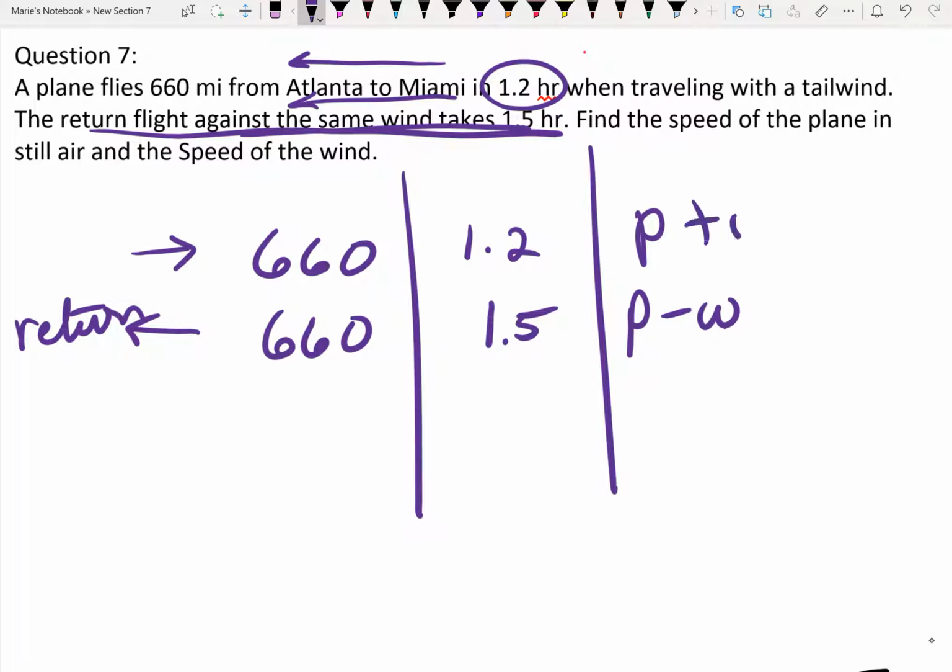Over here I have P plus W, and then we will simply do a little bit of math.